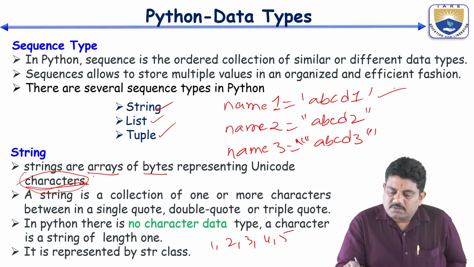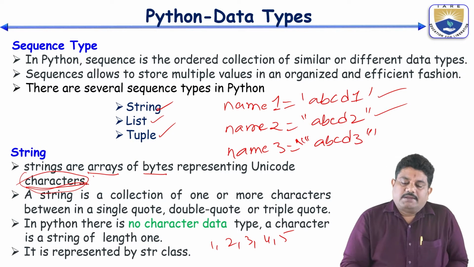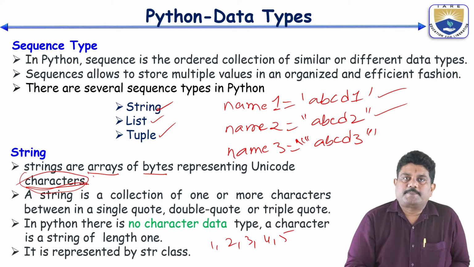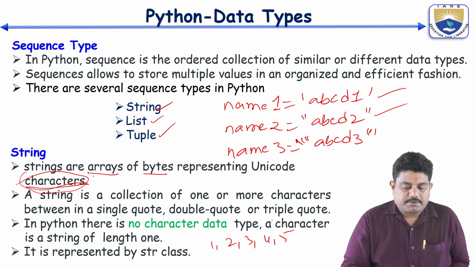In single quotes ABCD1 is valid. In double quotes ABCD2 is valid. In triple quotes ABCD3 is also valid. So these are the valid ways of declaring strings. A string is a collection of one or more characters between a single quote, double quote, or triple quote.